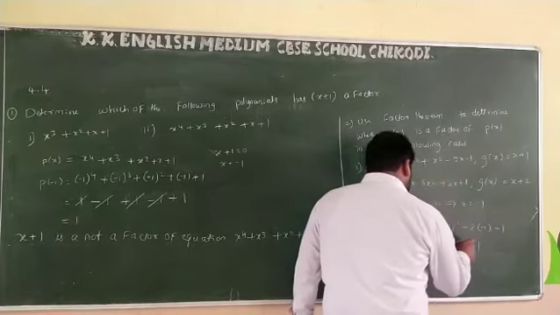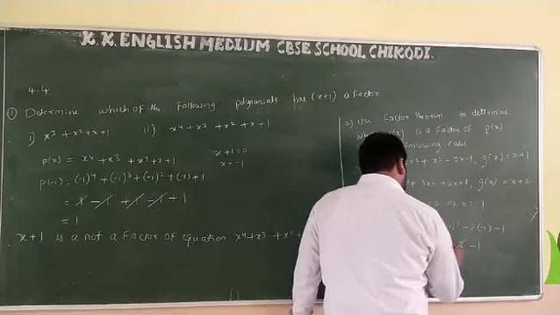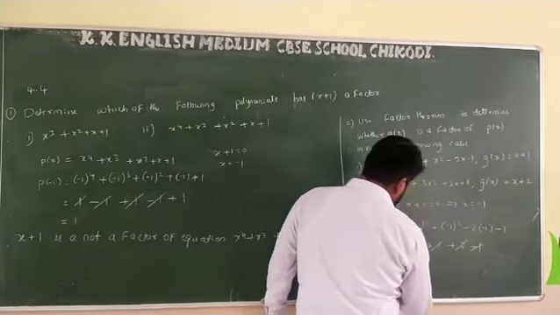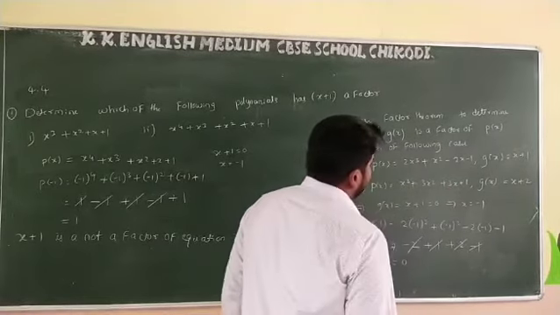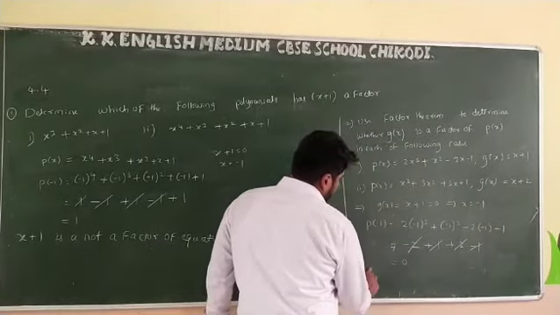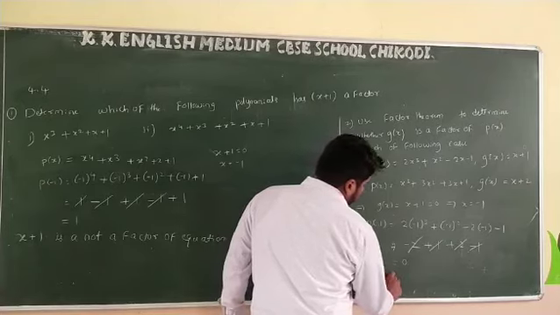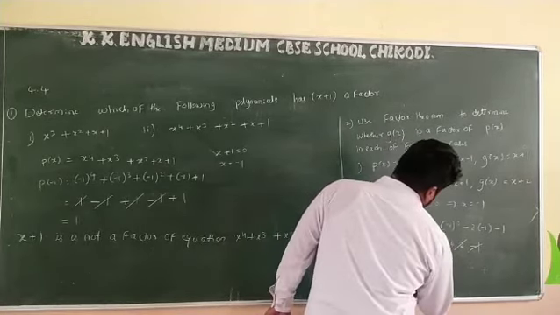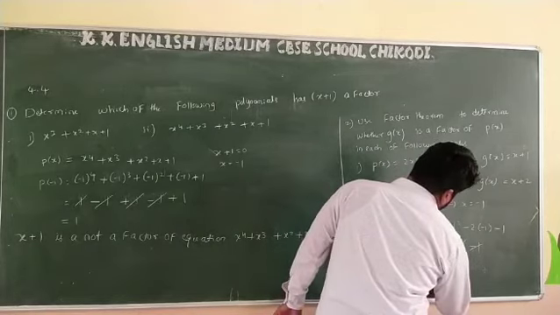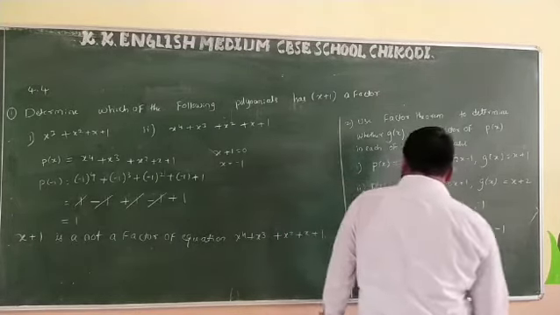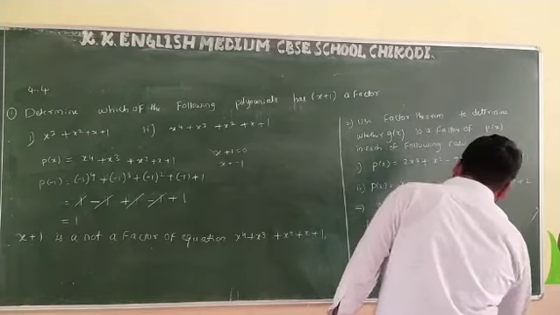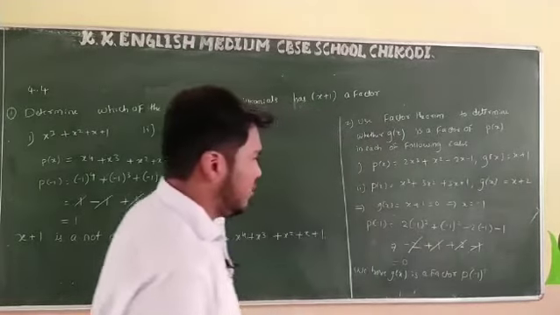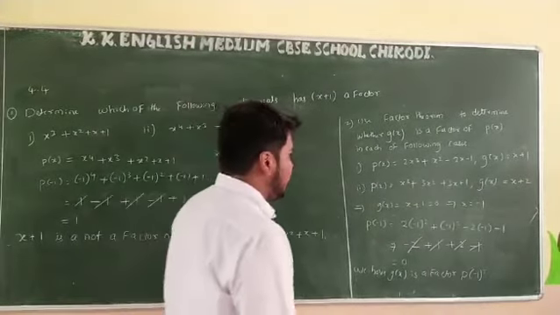So minus 2 plus 2 cancel, plus 1 minus 1 cancel, which is equal to 0. So we have g of x is a factor of p of x, that is p of minus 1 is 0.